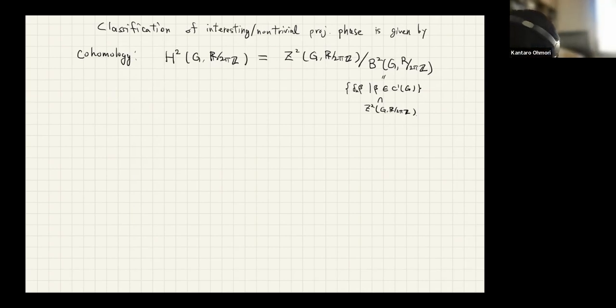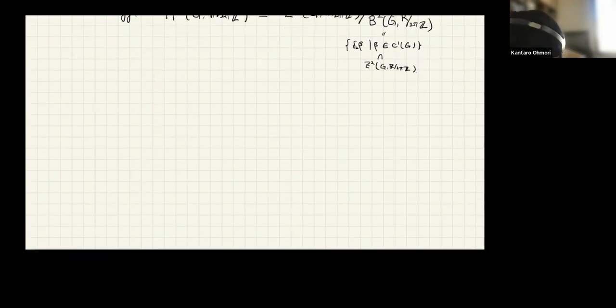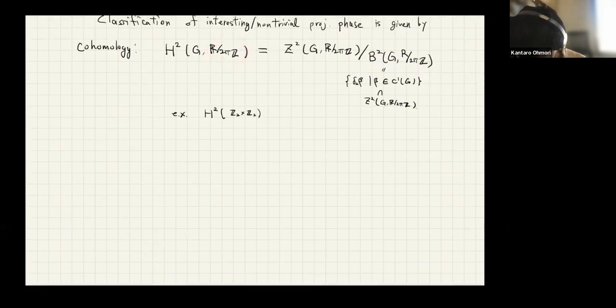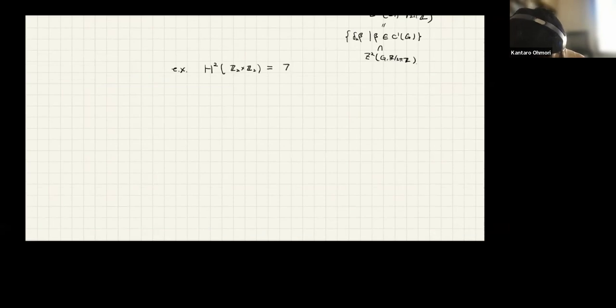Let me first list the known results. The second cohomology is quite easy. Z2 times Z2 valued in U1, I'm suppressing this part, and this is Z2. This is what we have been seeing.